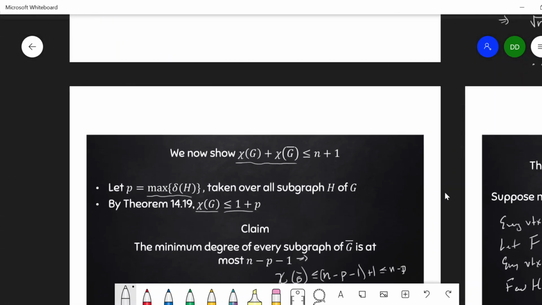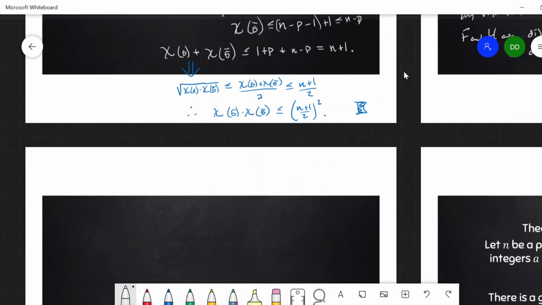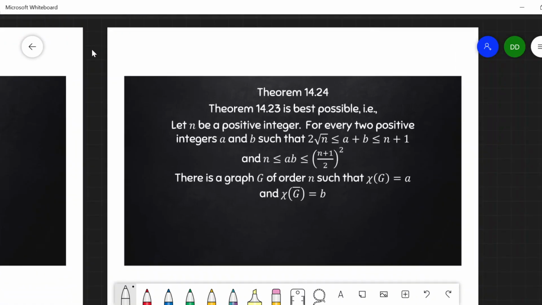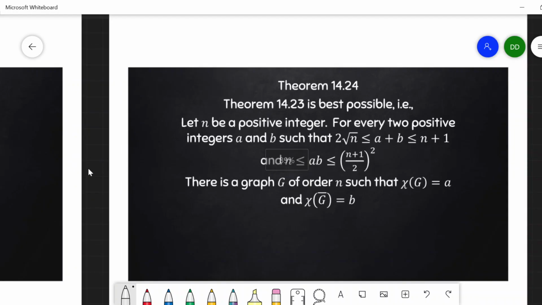So one thing I'll point out here after this theorem is that this is actually best possible. So why is this?